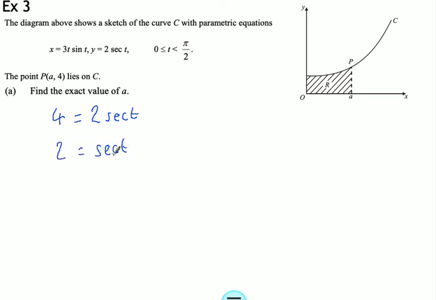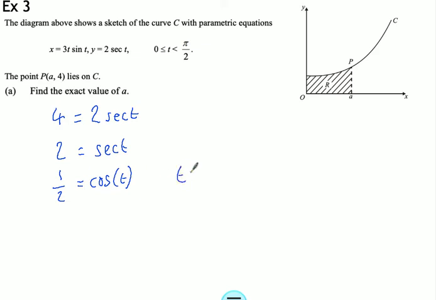Now, of course, sec is 1 over cos, so therefore this must be true. And a reminder that we are being super careful here and making sure that we are in radians, not degrees.